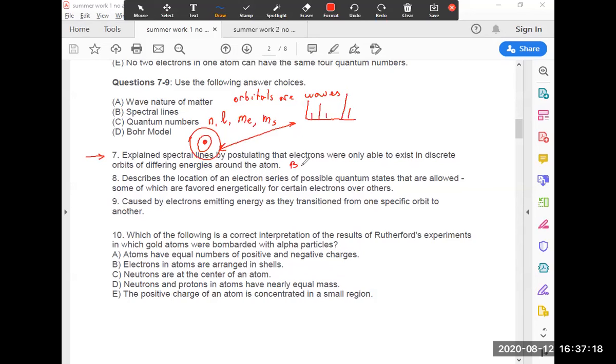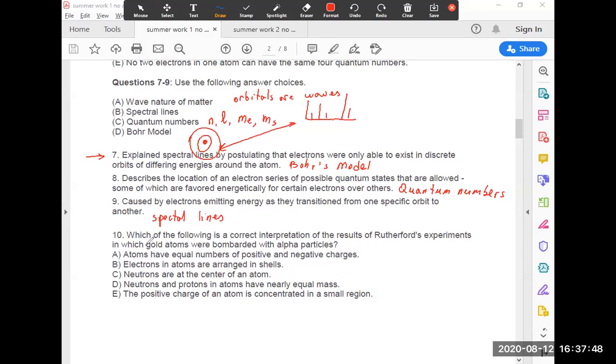So this is the Bohr model. Then, describes location of electrons in a series of possible quantum states. Well, this one seems like the quantum numbers. And then, caused by electrons emitting energy as they transition. So this one has to be the spectral lines.